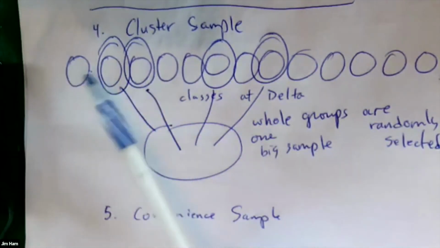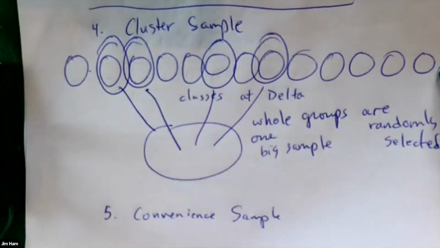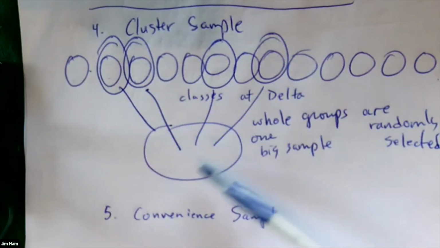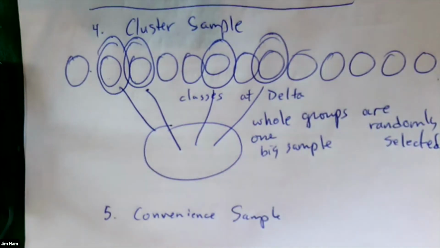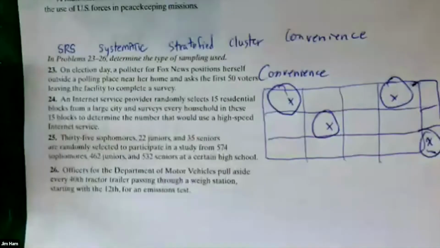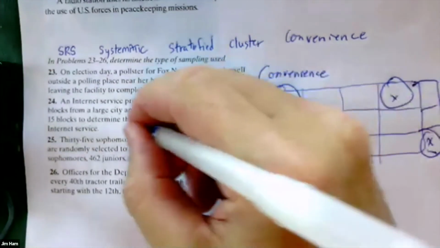Block 1, block 2, block 3, block 4, all the way to block 15. Then they randomly select whole blocks, and everybody in the selected blocks is asked about internet service. This way they only have to go to 5 or 6 different blocks and then ask everybody. Okay, so this one is a cluster.